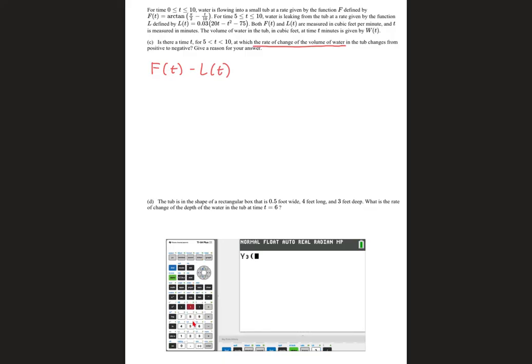Okay, so we're going to do f of t at 5. We know that's positive from the graph. And then go highlight that and edit it to make that 10. Okay, and that ended up being negative.